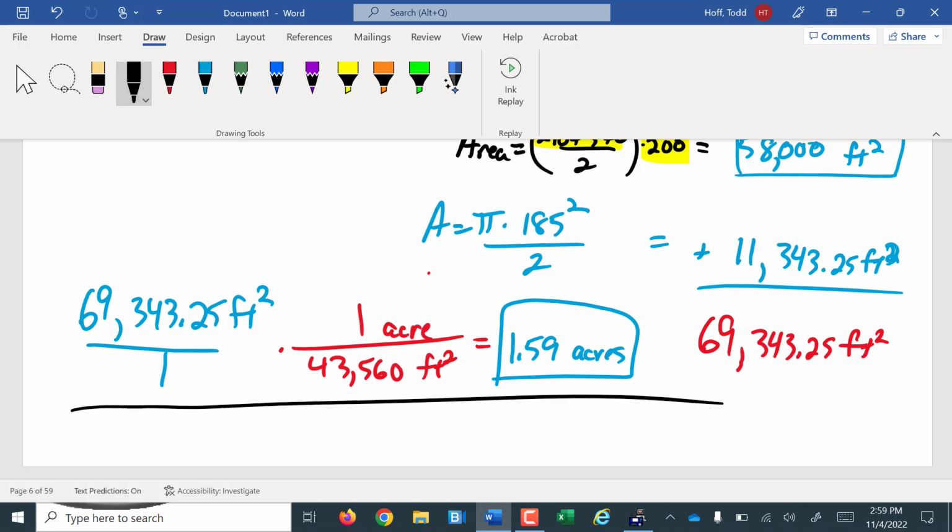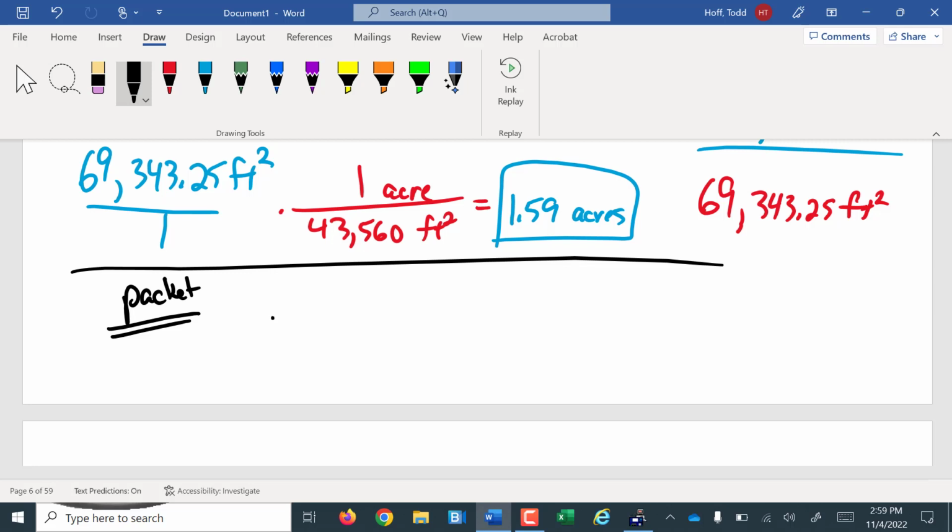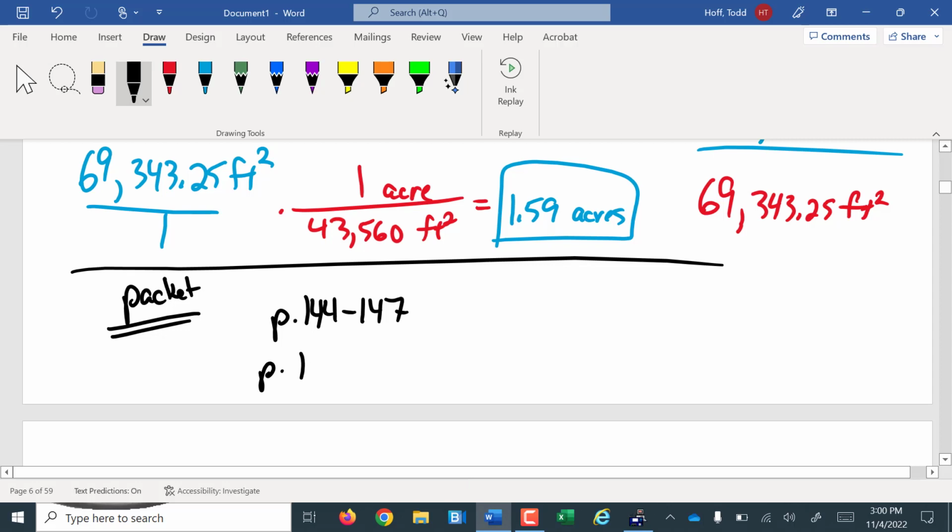All good? Okay. So in your packet, page 144, 147, there's gray boxes, and page 156 through 157.